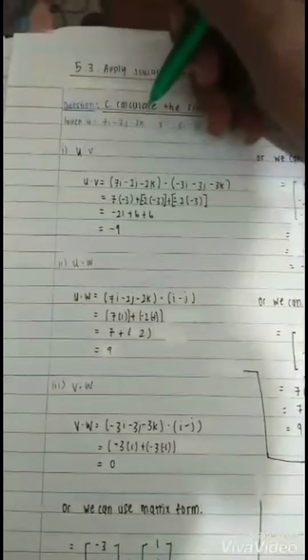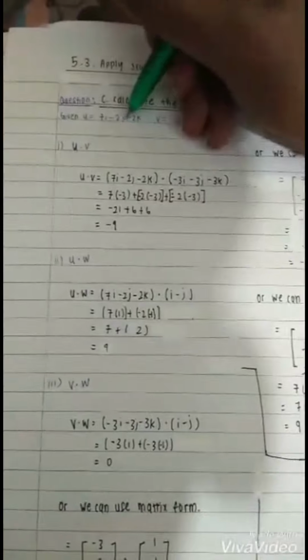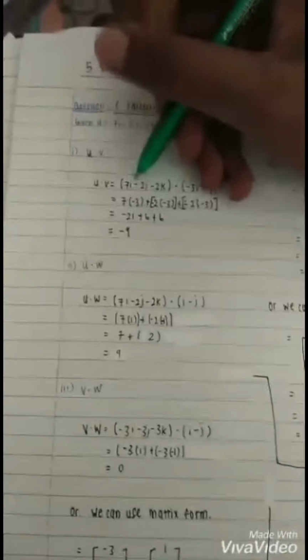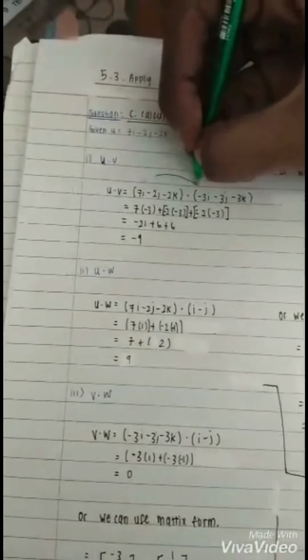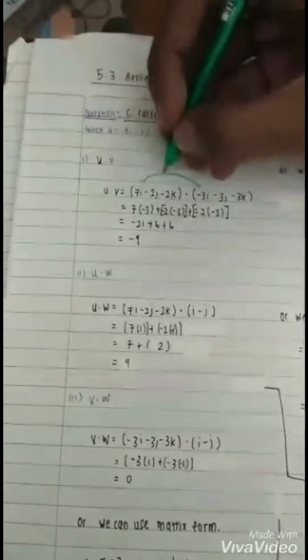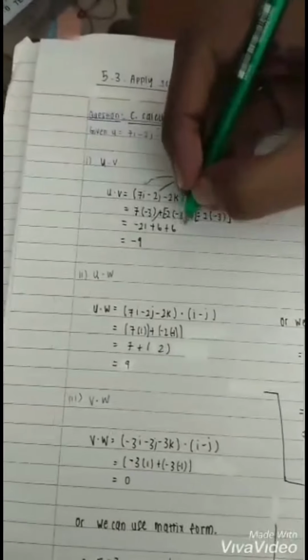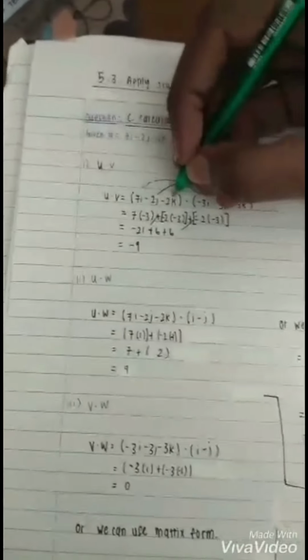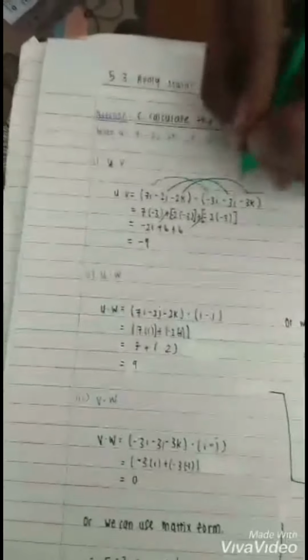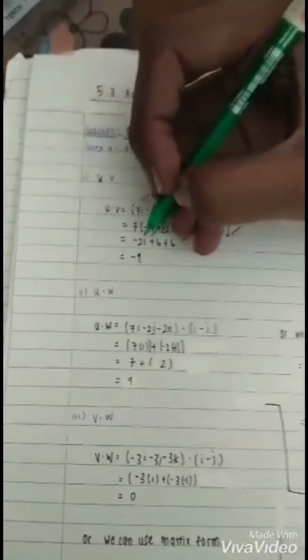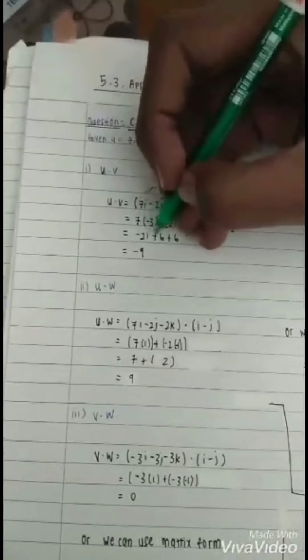So for u dot v, we write the numbers of u and v. We multiply 7i times negative 3, negative 2 times negative 3, and negative 2 times negative 3, written here, and the products must be added together and you will get this answer.